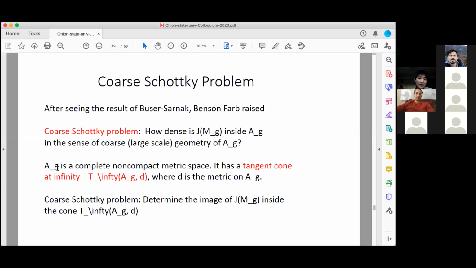More precisely, A_g is a complete non-compact metric space. So it has a tangent cone at infinity, T_infinity(A_g, d), where d is the metric on A_g. The Cauchy-Schottky problem is to determine the image of the Jacobian locus inside the cone at infinity. So that's Benson Farb's Cauchy-Schottky problem.